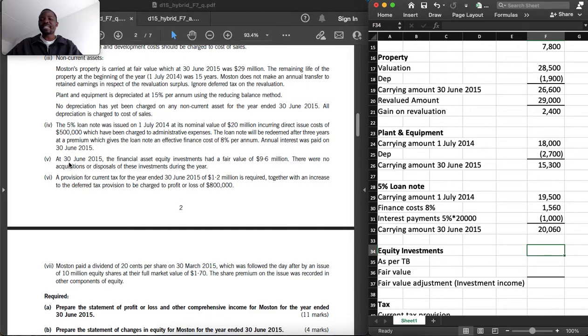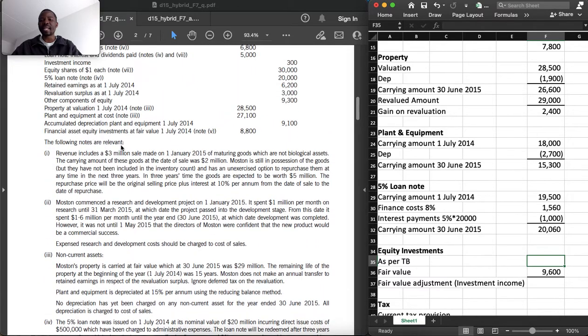Note number 5 says, at 30 June 2015, the financial asset equity investment had a fair value of 9.6 million, which in thousands is 9,600. There were no acquisitions or disposals of these investments during the year. So let's go to the trial balance.